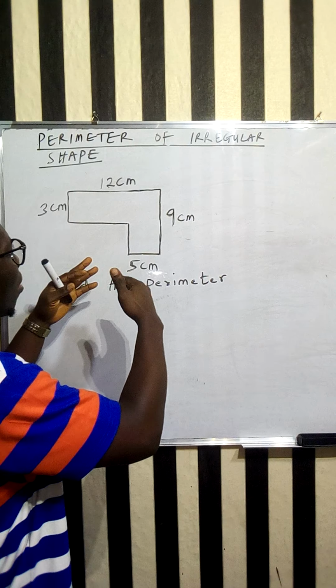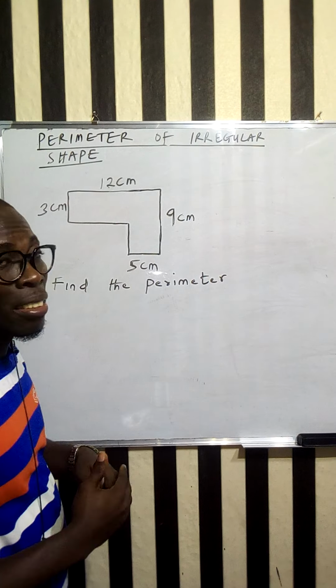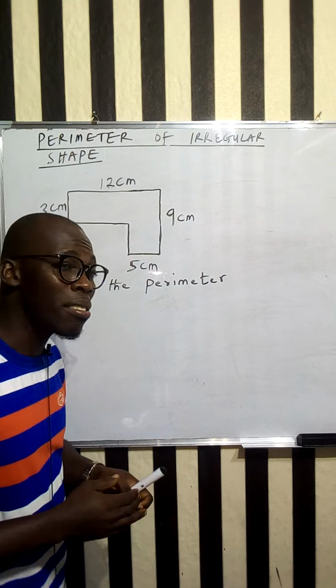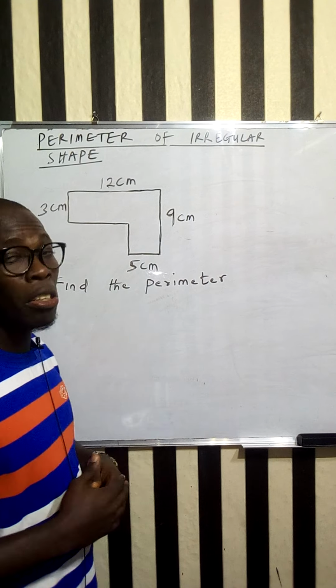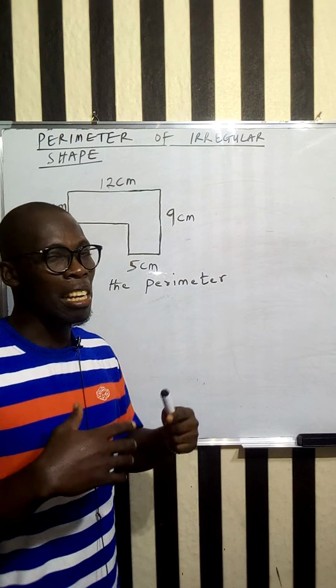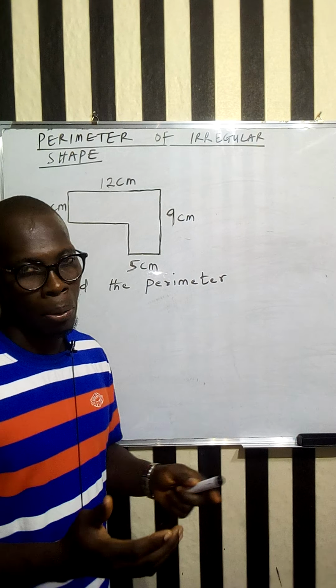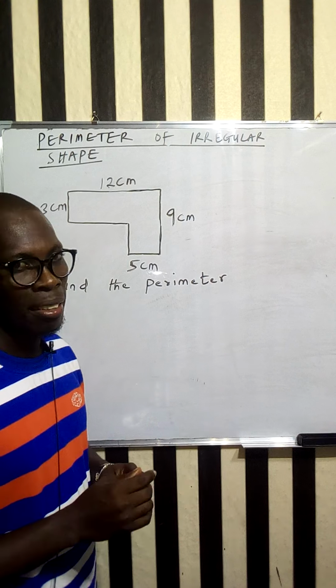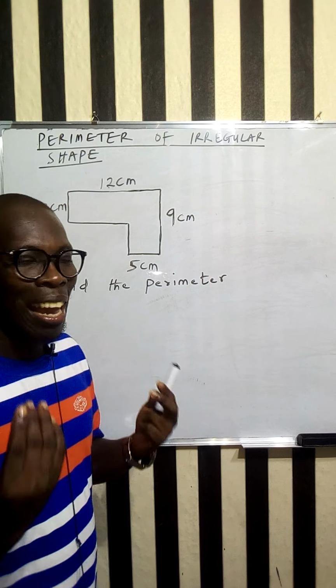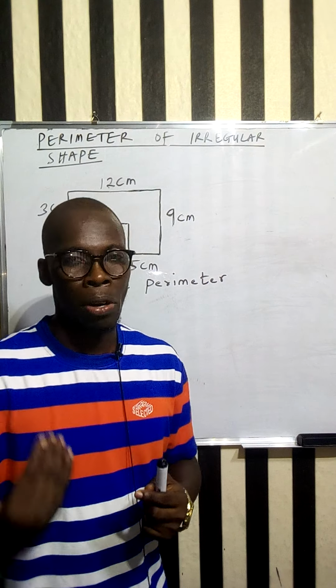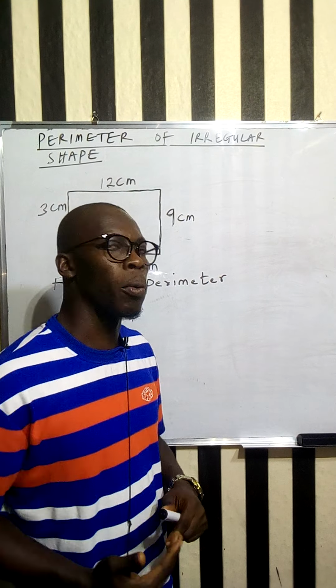The opposite sides are not even equal, so you cannot compare the two sides. That's why for you to find the perimeter there, you need to do a lot of underground work.